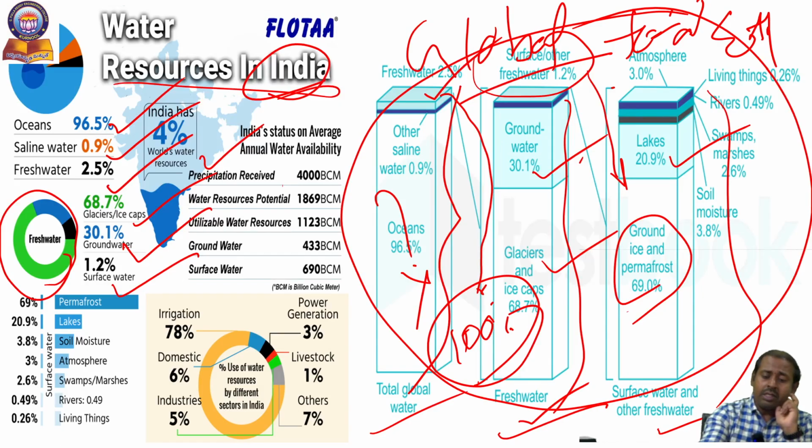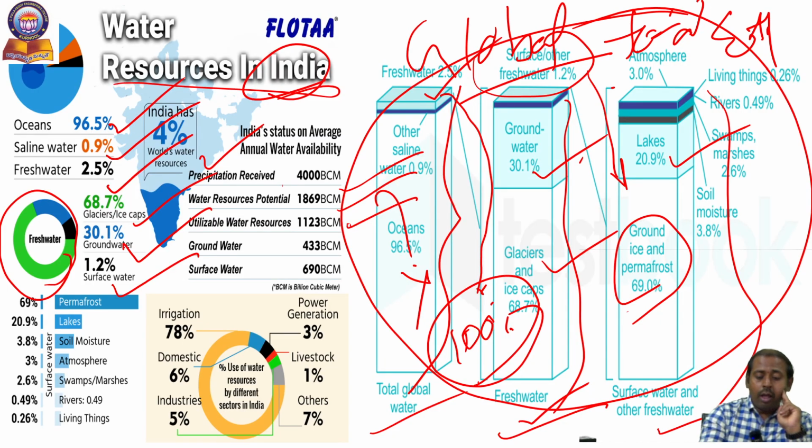Through precipitation, we receive 4,000 billion cubic meters. Water resources potential is 18669 BCM, utilization of water resources is 1123 BCM, groundwater 433 BCM, and surface water 690 BCM.